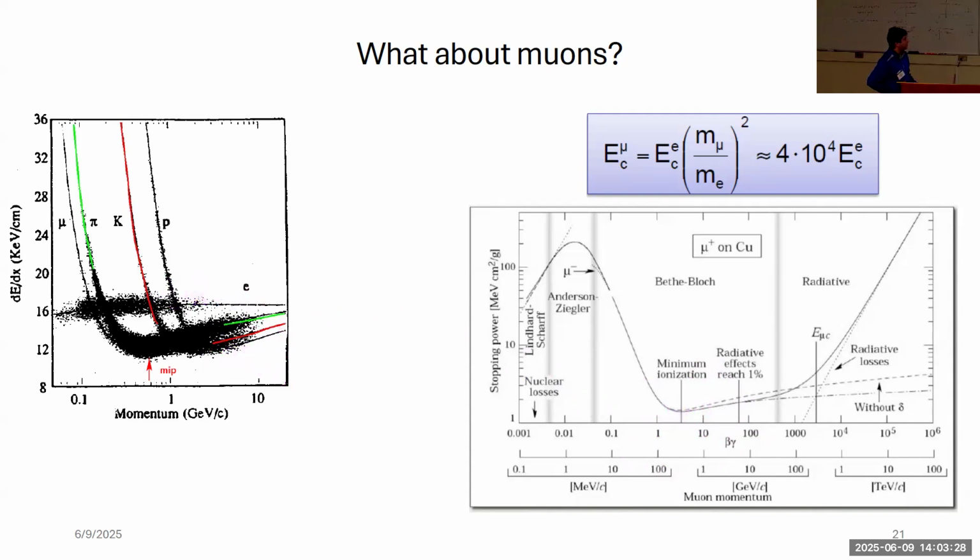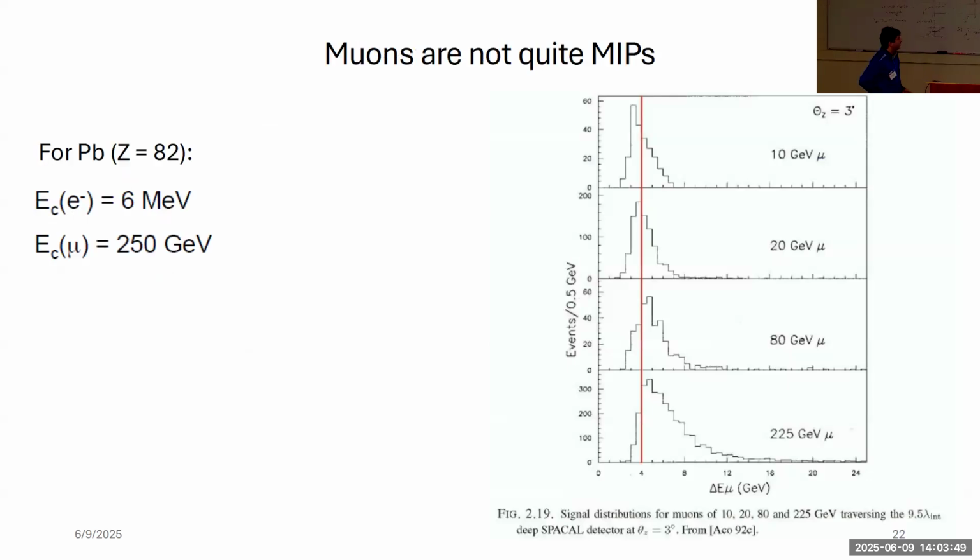So that's shown here on this plot. This is, I think, for some time projection chamber, showing how the energy loss of different particle species depends on their momentum. And there's this minimum here, which is called the minimum ionizing peak or minimum ionizing particle energy loss. And muons, though, are not quite MIPs. They actually do have some radiative losses.